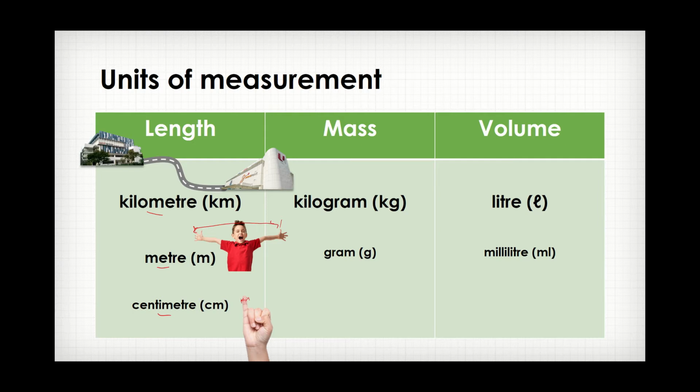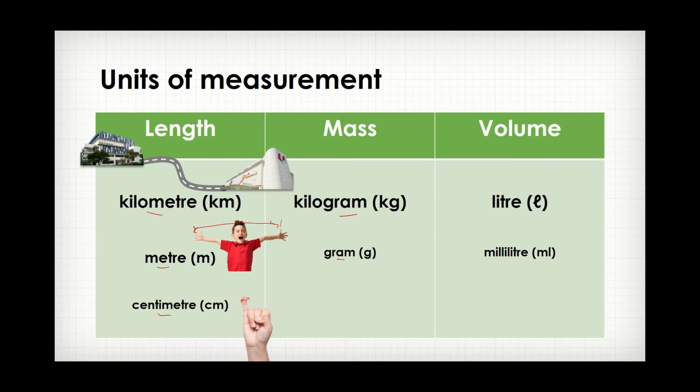Now, for mass, we also have units to measure very light items like the gram, or to measure heavier items like the kilogram. We often use gram for measurements in baking or cooking.